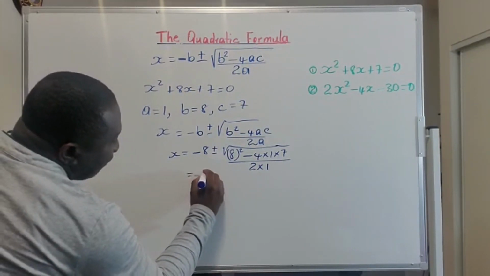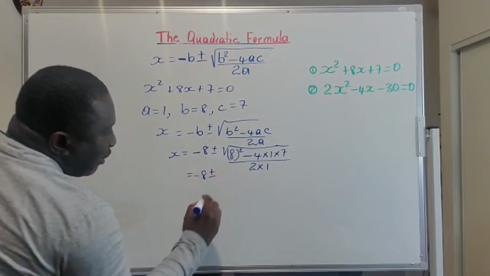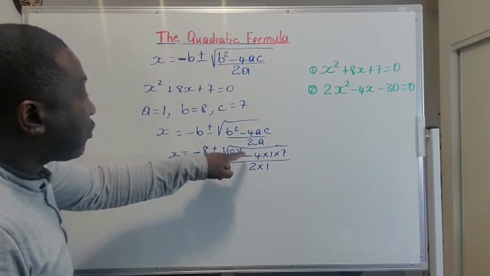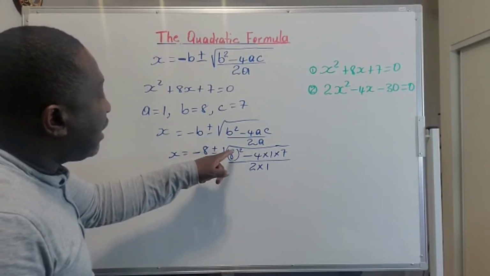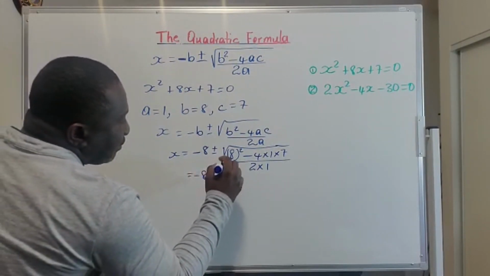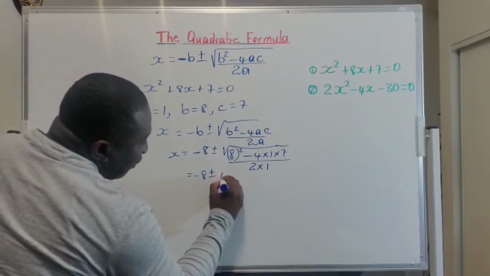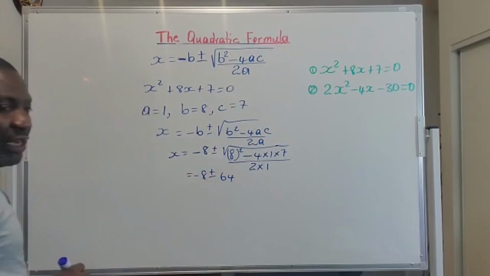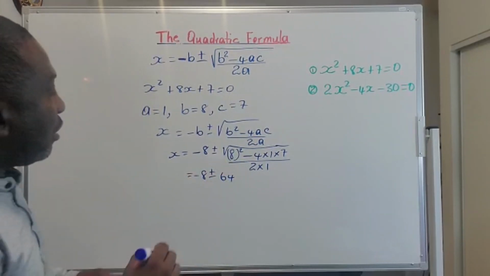Therefore, -8 plus or minus 8 squared simply means 8 times 8, which will give us 64.